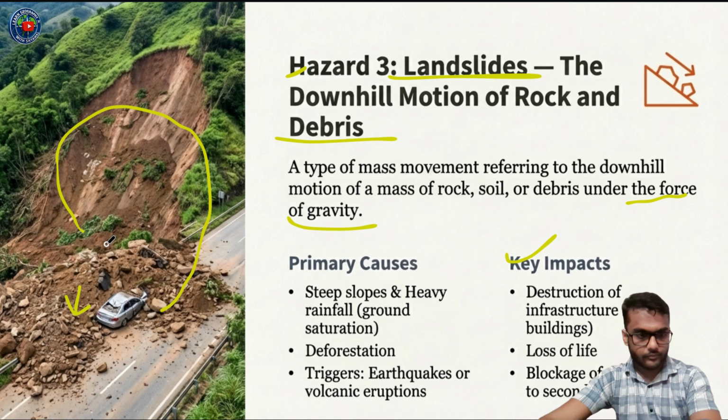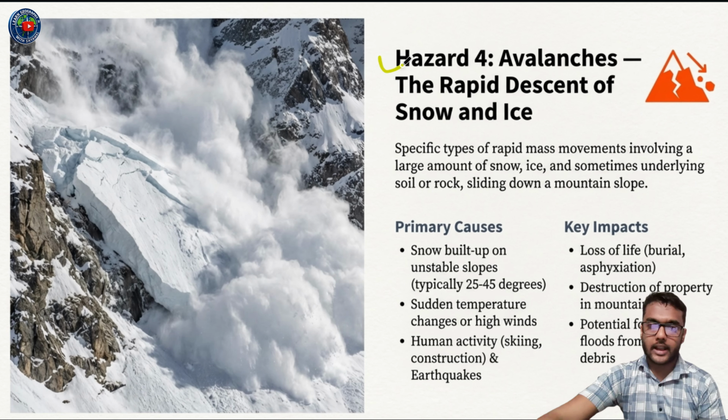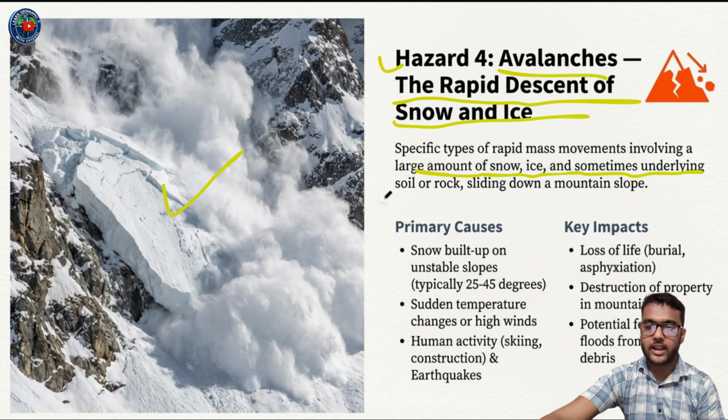Now coming to our next hazard, that is avalanches, the rapid descent of snow and ice. This is the image. An avalanche is a specific type of rapid mass movement involving a large amount of snow, ice, and sometimes underlying soil or rock sliding down a mountain slope.